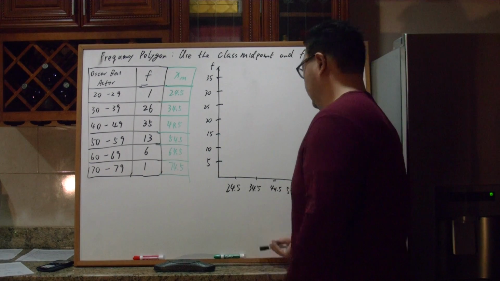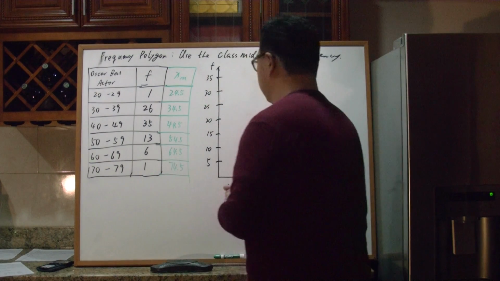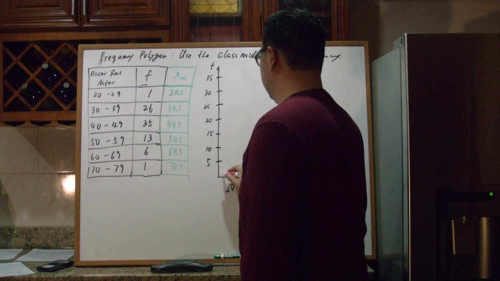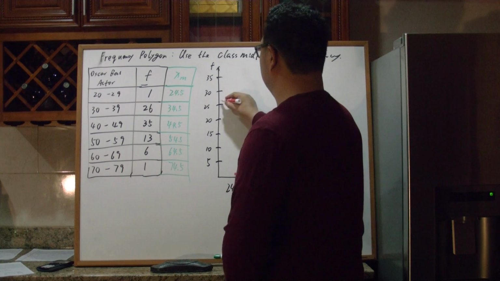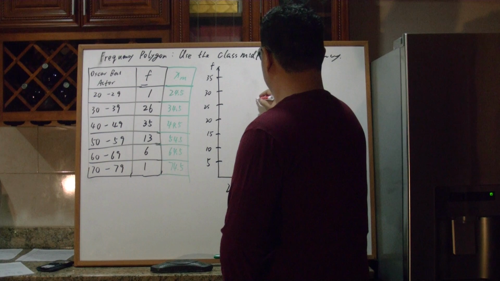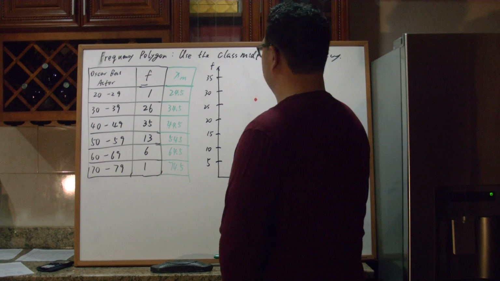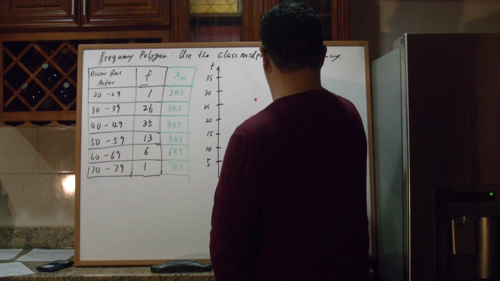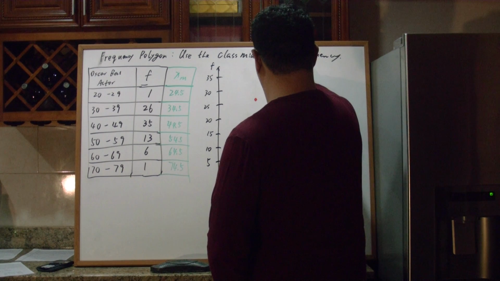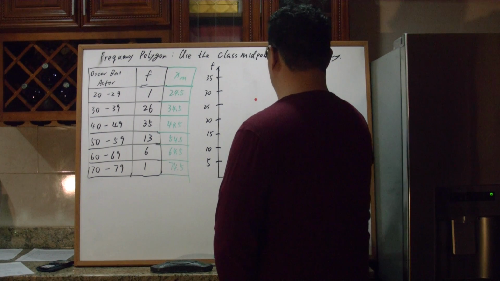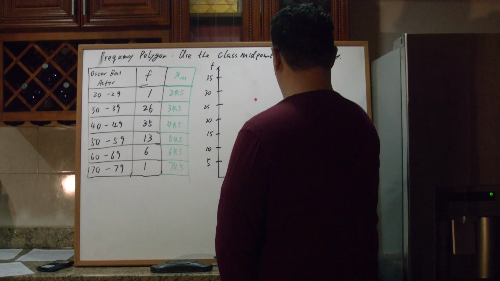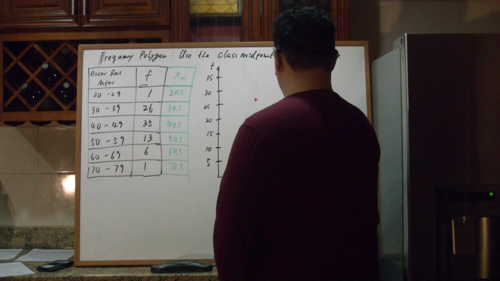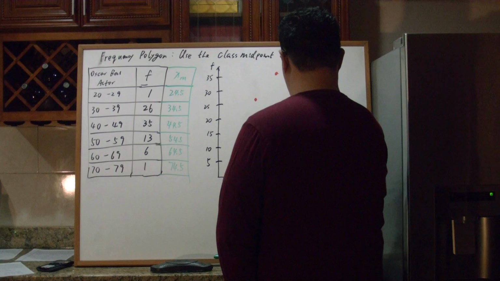Then for the curve we use the midpoint and the frequency. The first one has a frequency of 1. The second class goes up to 26. The third class goes up to 35. The fourth class goes down to 13. The next one goes to 6, and the last one goes to 1.